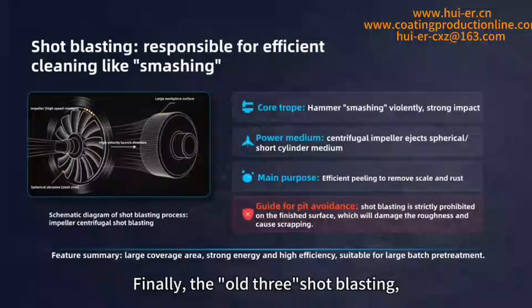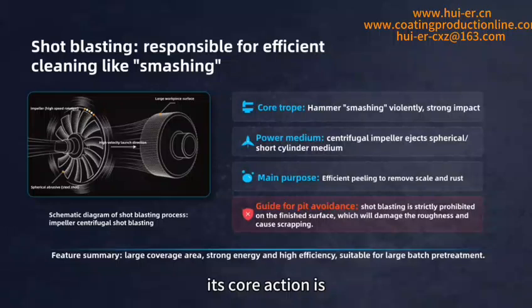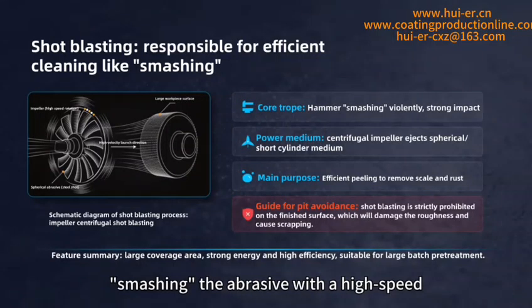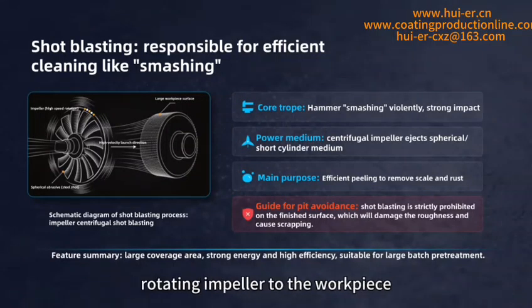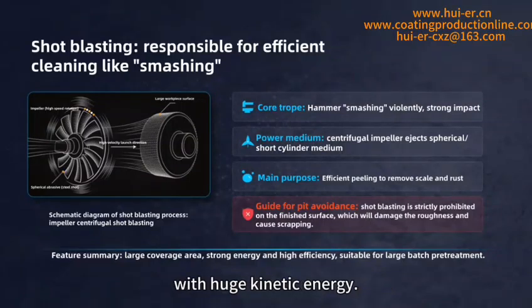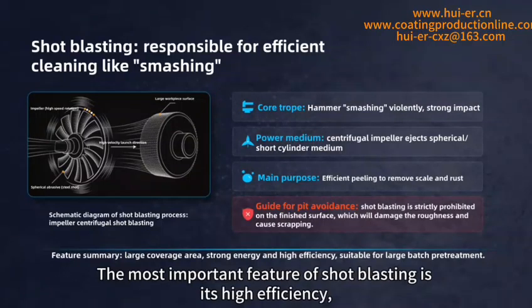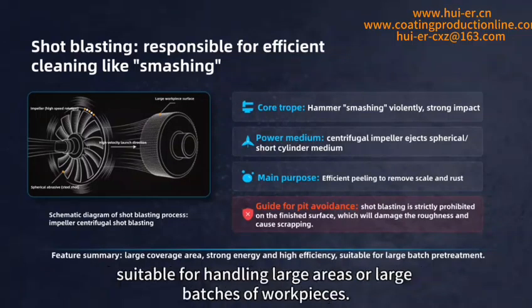Finally, the big brother, shot blasting. Its core action is smashing, throwing the abrasive with a high-speed rotating impeller onto the workpiece with huge kinetic energy. The most important feature of shot blasting is its high efficiency, suitable for handling large areas or large batches of workpieces.